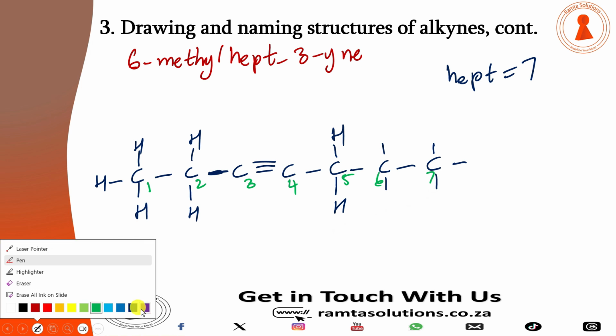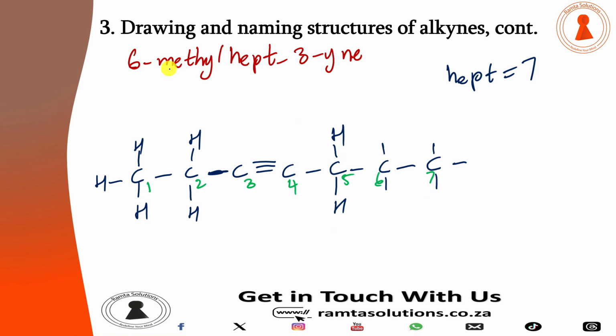Now, what did we say? We have a methyl at carbon 6. And this is how you draw the structure of 6-methylhept-3-yne. Okay? Perfect. As you can see, the methyl is on carbon 6 and the triple bond is on carbon 3. It's between carbon 3 and 4, but this is to say it is on carbon 3.